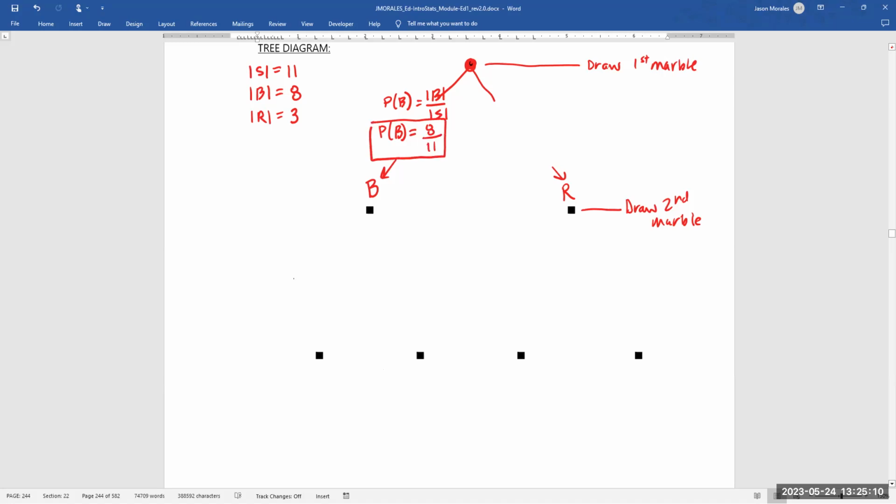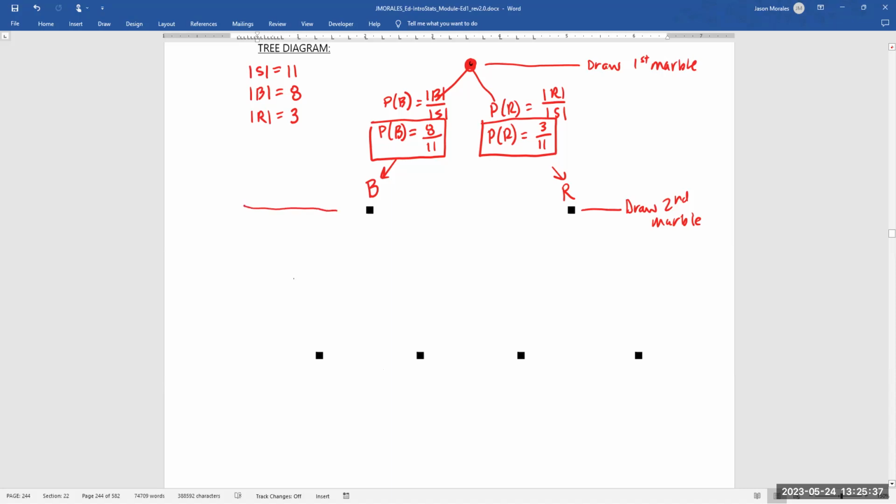Okay, how about red? So the probability of going down the red branch is the order of red over the order of the sample space. So the probability of going down the red branch is 3 over 11. Okay, so that represents the top part of this probability tree diagram with drawing the first marble.